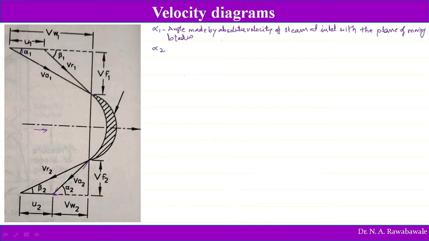So this is the angle made by the absolute velocity of steam at outlet or exit with the plane of the moving blade.